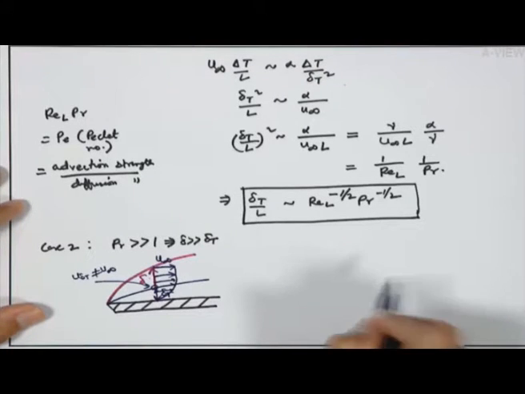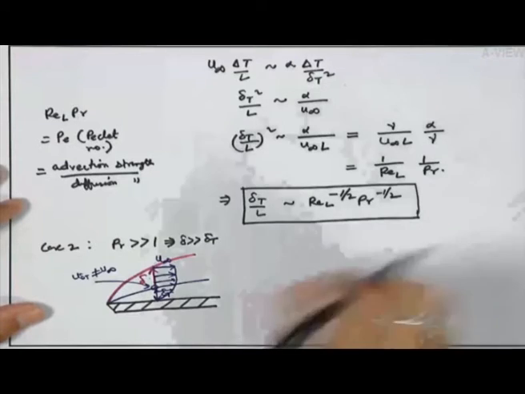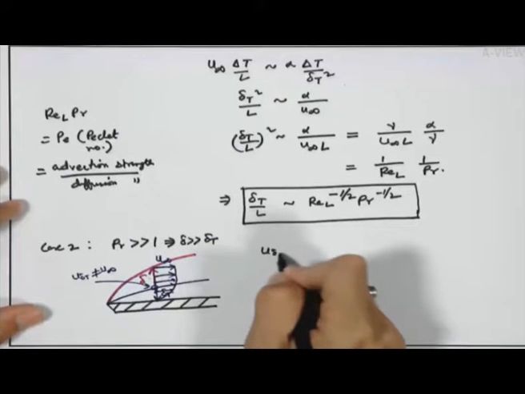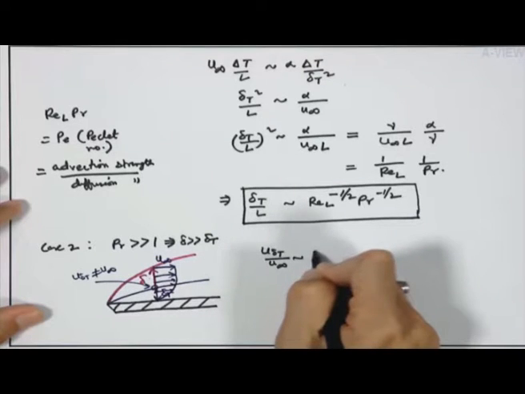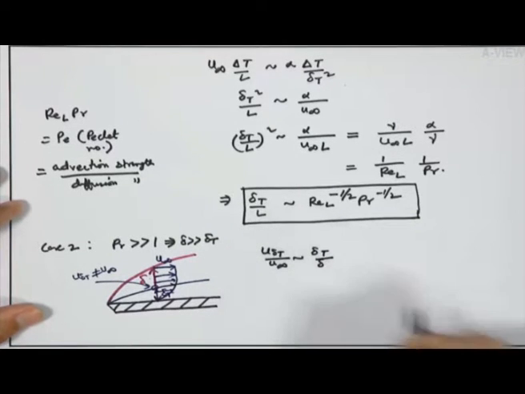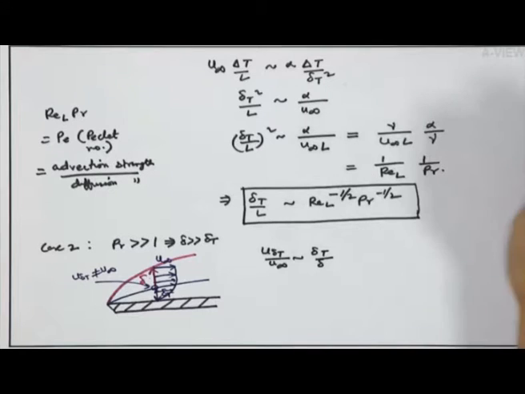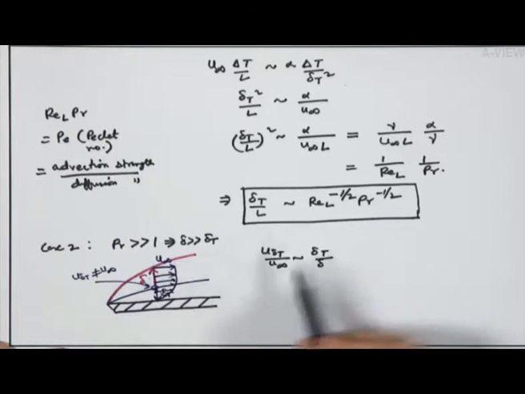So, scaling wise we can write U at delta T by U infinity is of the order of delta T by delta. It is not a real proportionality, it is a scaling based proportionality, because at delta T, U is U delta T and at delta, U is U infinity. So, U delta T by U infinity is of the order of delta T by delta.